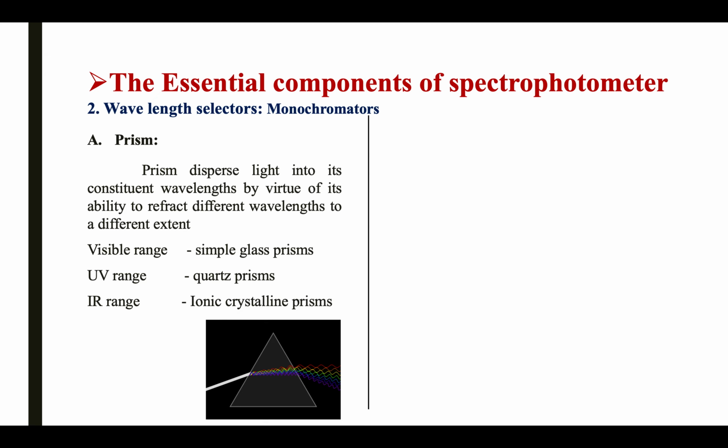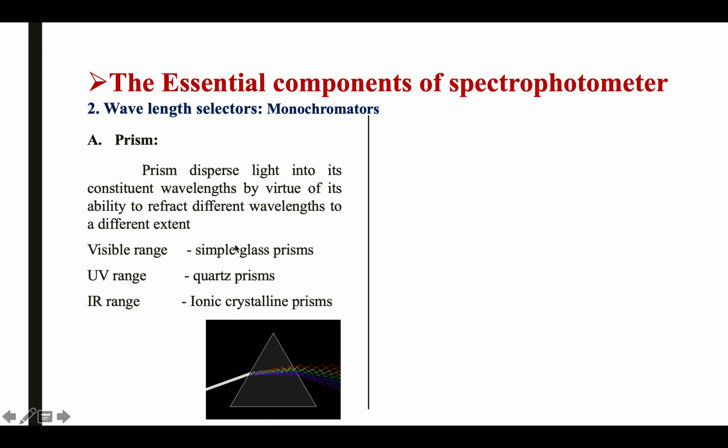A prism is a three-dimensional object made of either glass or quartz. Depending on the material, we resolve different types of wavelengths, so depending on which kind of prism we use, you will get dispersion of light in a specific region.